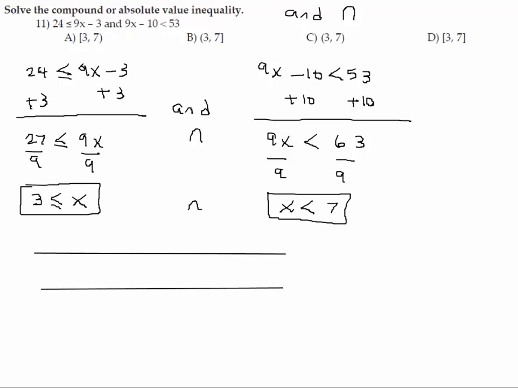So let's say this is 0. x greater than 3 would be all the numbers to the right of 3 or left of 3? Right, right of 3, very good. So this is 3, 4, 5. Greater than is right.